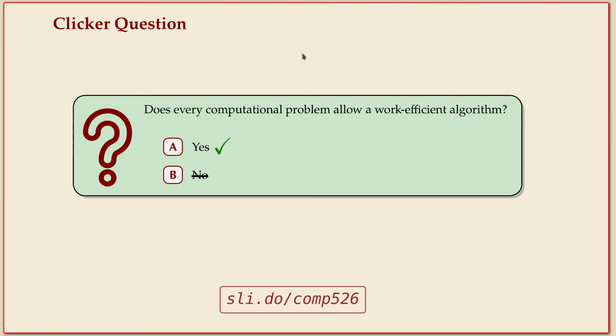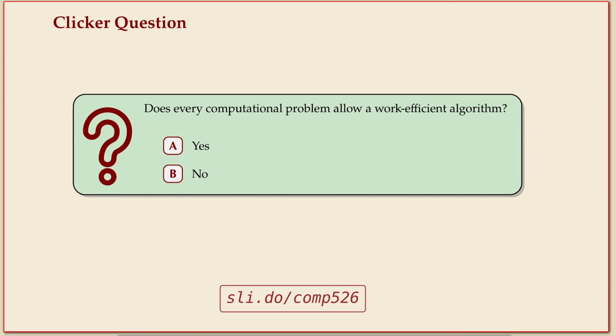It doesn't say that this has to be a good parallel algorithm. It could be a crappy parallel algorithm that just runs on one processing element and does exactly what the best sequential algorithm would have done. In other words, it is the best sequential algorithm, just not making use of parallelism. And so it's by definition work efficient.